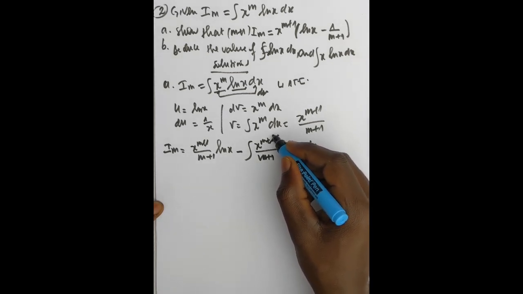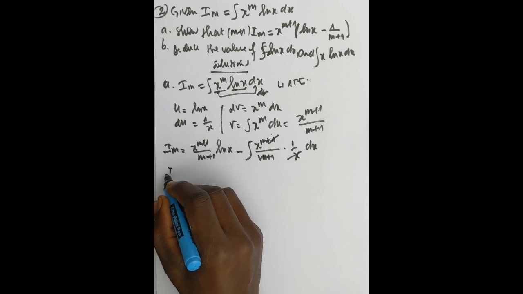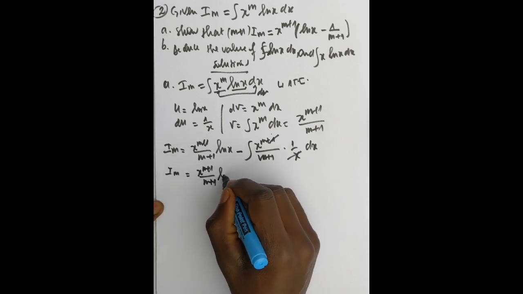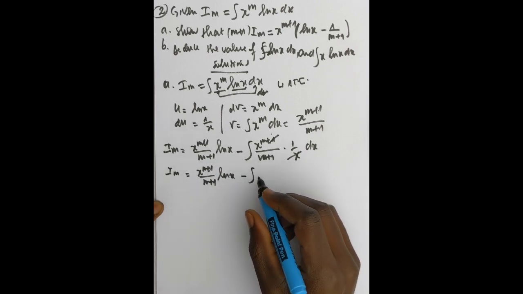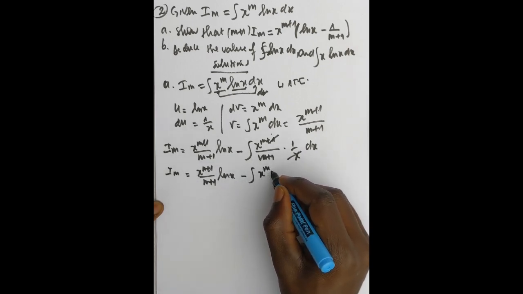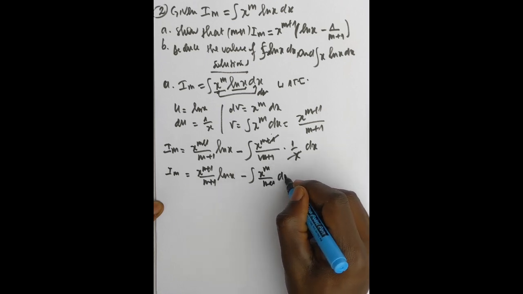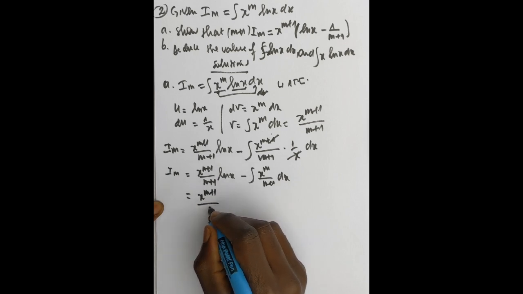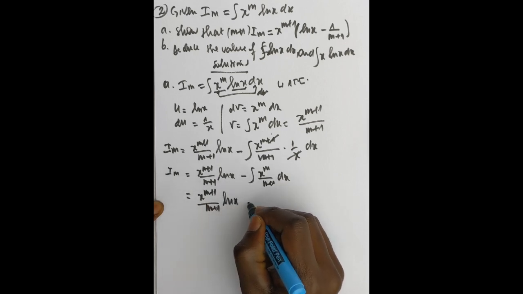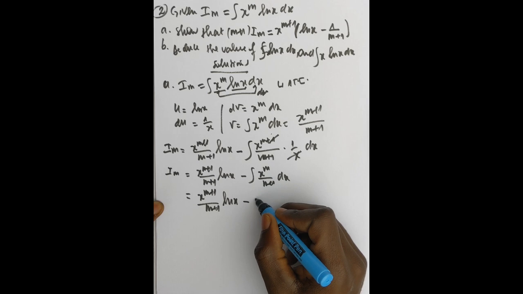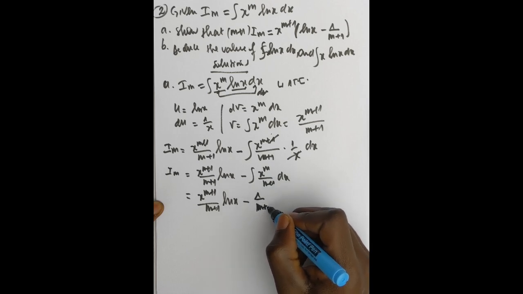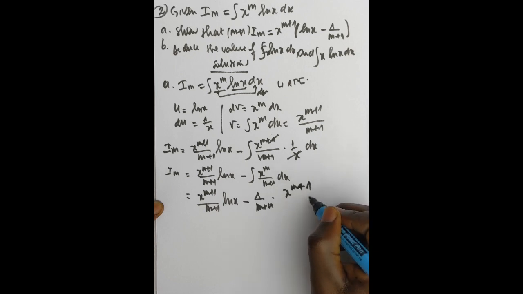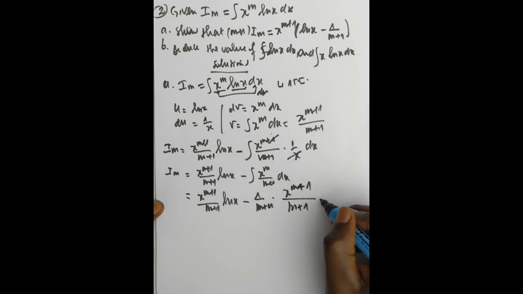I can simplify this, so I can have Em equal to x power m plus 1 over m plus 1 ln x negative integration of x power m over m plus 1 dx. I can have this as x power m plus 1 over m plus 1 ln x negative 1 over m plus 1 times x power m plus 1 over m plus 1.